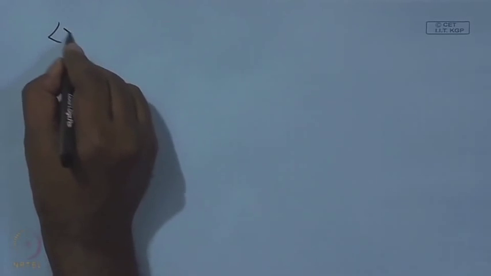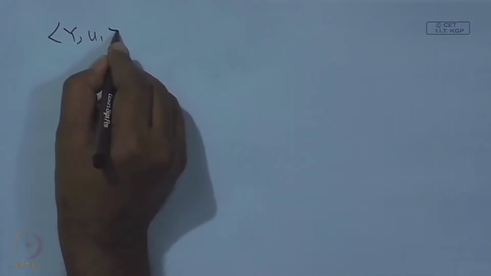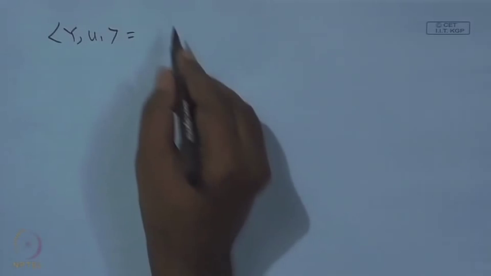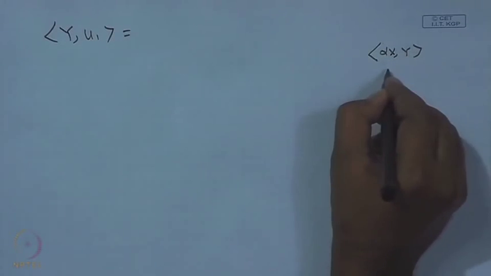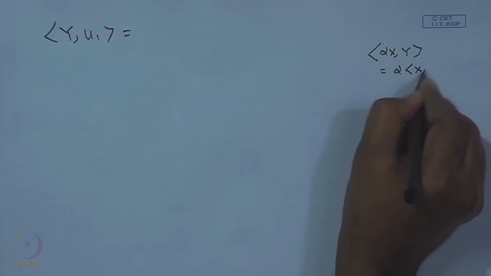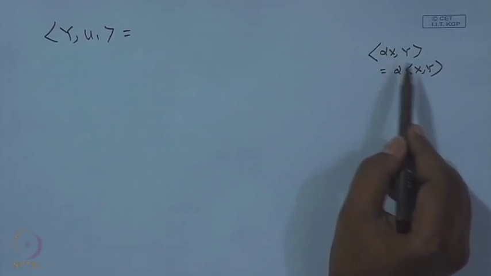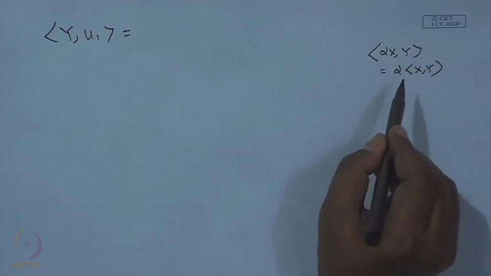So, the inner product of y and u1 will be nothing but, we invoke the property of the inner product, that inner product of alpha x and y is nothing but alpha times the inner product of x and y, where x and y are two vectors and alpha is the scalar multiplier.